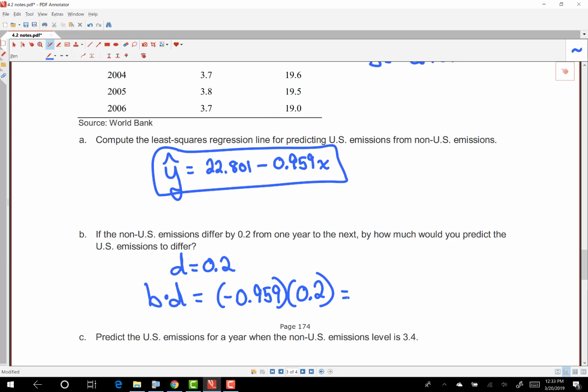And that gives us, and it needs to be negative because we're expecting it to decrease because of the negative correlation, negative 0.192 if we go to 3 decimal places. And so that's how much we would expect it to differ in the U.S. emissions.